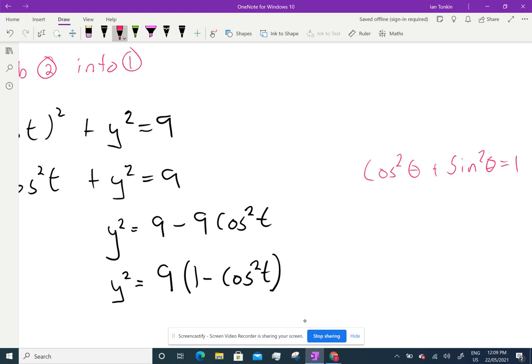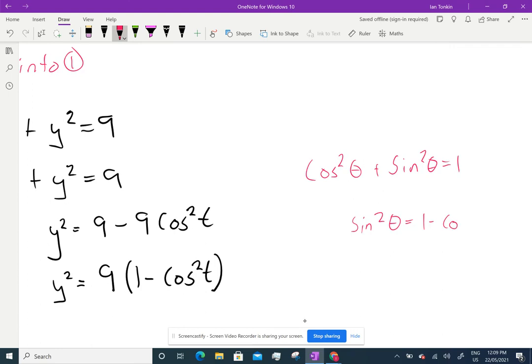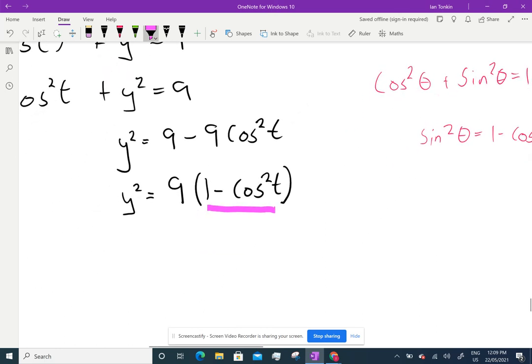I'm going to take that cos squared over the other side, and I'll get sine squared theta equals 1 minus cos squared theta. And that's true all the time. So now I've got 1 minus cos squared theta. I'm just going to write that as sine squared theta. So y squared equals 9 sine squared theta.